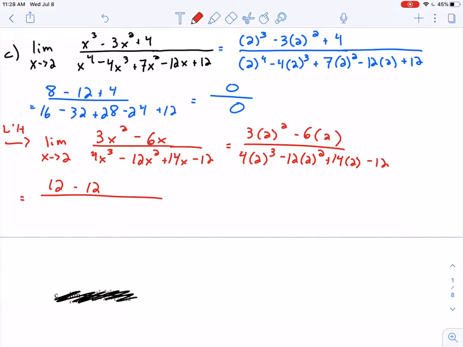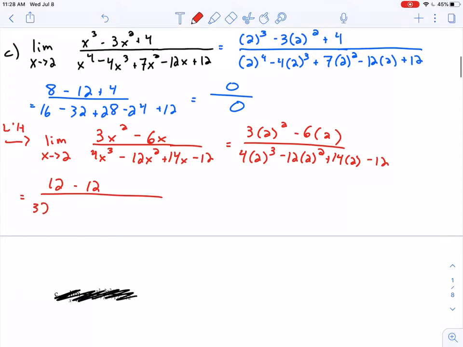In my denominator, 2 to the third would be 8 times 4, I've got 32 minus 2 squared would be 4 times 12, minus 48 plus 14 times 2, I've got 28 minus 12. The numerator's not too bad, 12 minus 12. My denominator, let's just double check the arithmetic, and oh boy, 0 over 0.